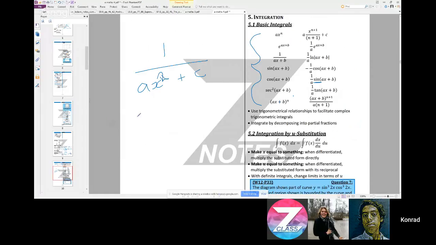Okay, so the important point to remember with this extension is it only works if your inside function is linear. Okay? So it only works if your inside function only goes up to x. It doesn't work if your inside function has an x squared or anything more than that in it.